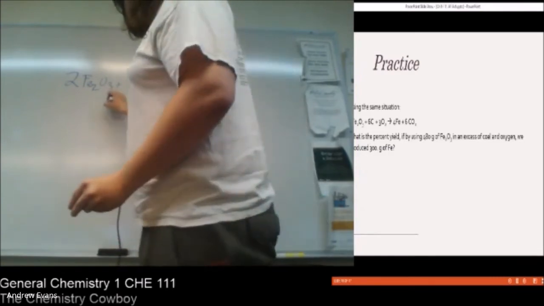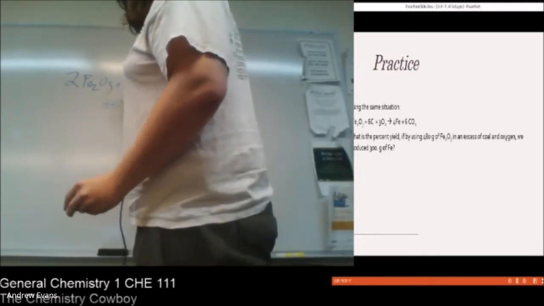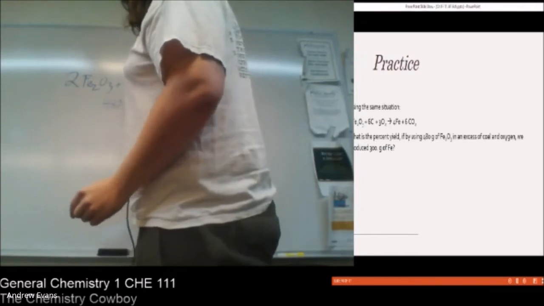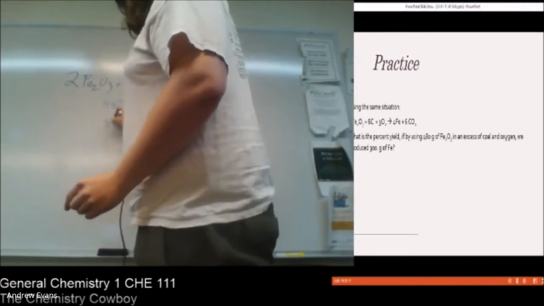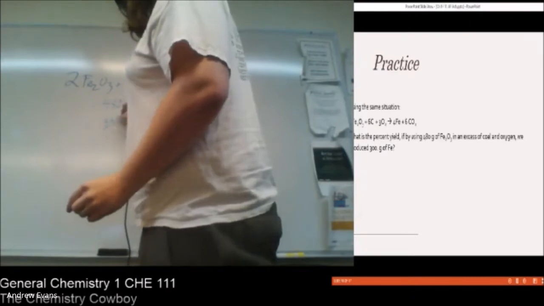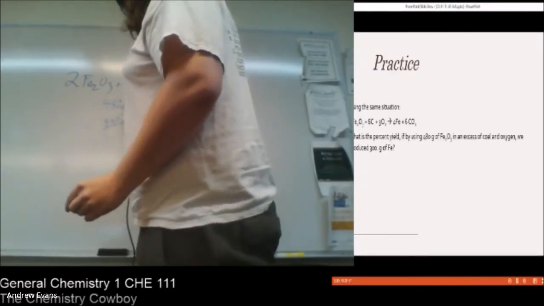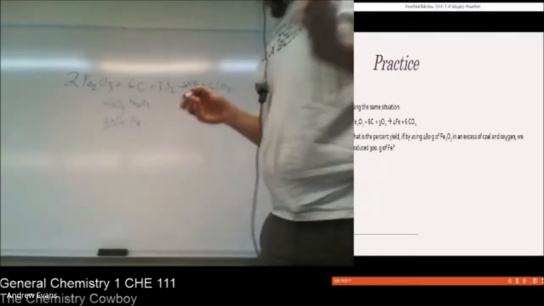The two relevant numbers are 480 iron oxide and 300 grams iron. Those are everything we're given.